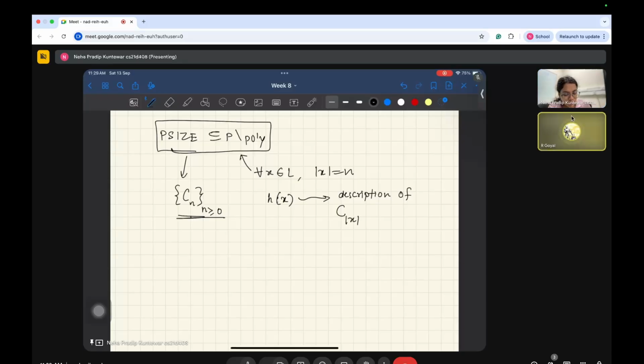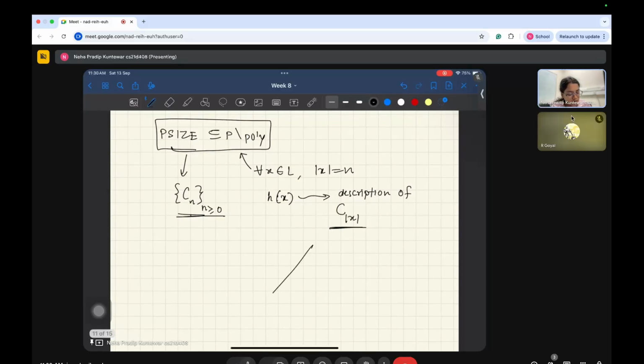This would be similar to the scenario where, in the examination, I gave the cheat sheet as well. This cheat sheet would be similar to the advice. Right. So now that we have this circuit, all that we are going to do is run our input x on this circuit, find out the value that it computes, and output that.